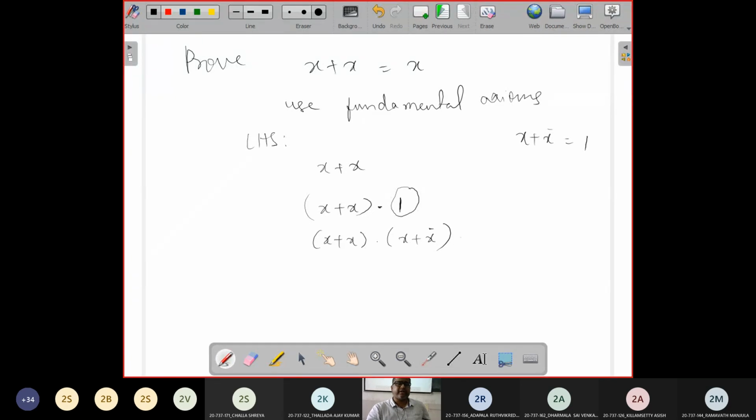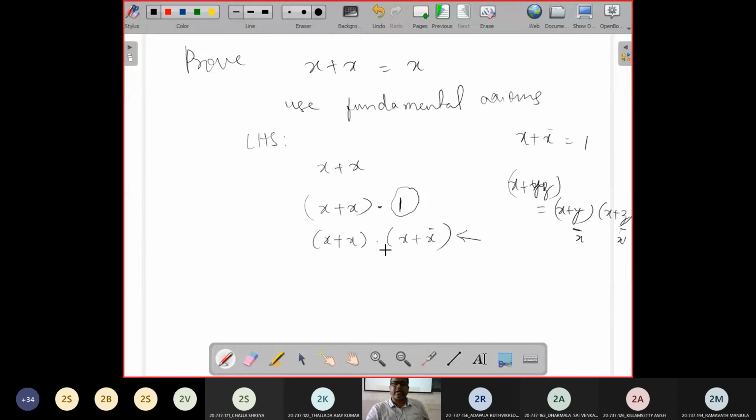Now, after writing like this, I can use the distributive property which we have just now listed out. The distributive property says that x plus yz can always be written as x plus y into x plus z. So in place of y, I have x here, and in place of z, I have x bar.